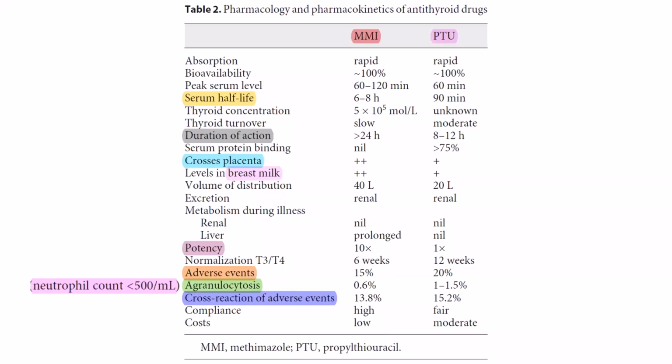Don't forget that methimazole, which is the active metabolite of carbimazole, has a prolonged half-life of 6 to 8 hours, but propylthiouracil is just 1.5 hours. And actually, the half-life of some drugs or hormones is a favorite question in the exam.